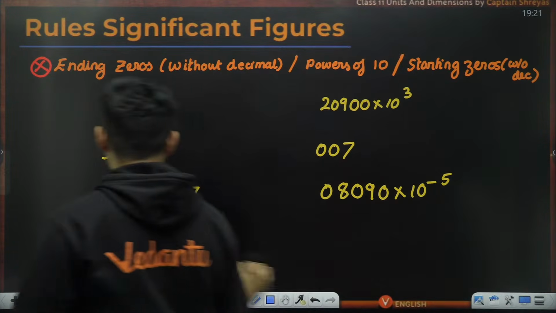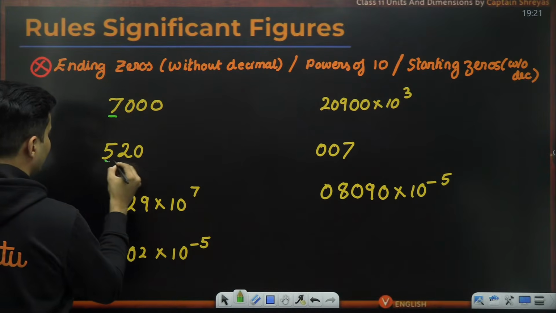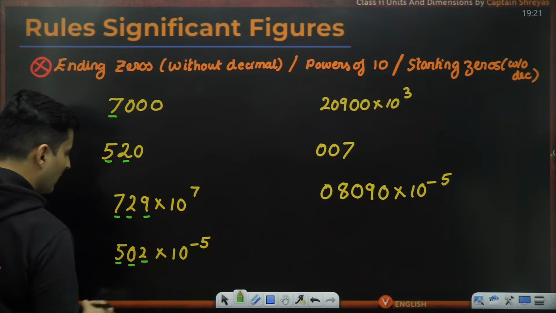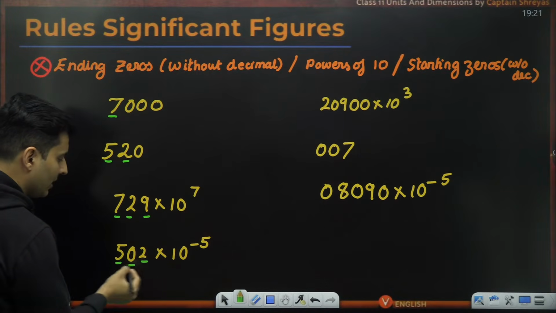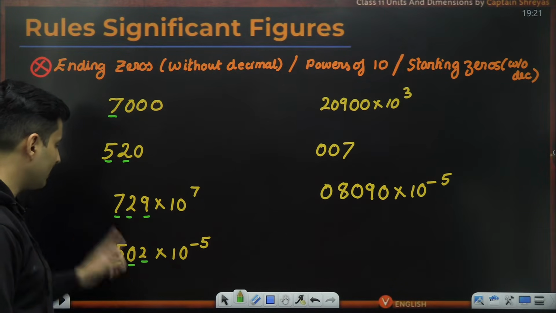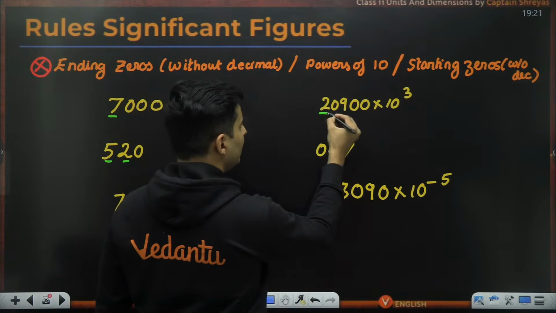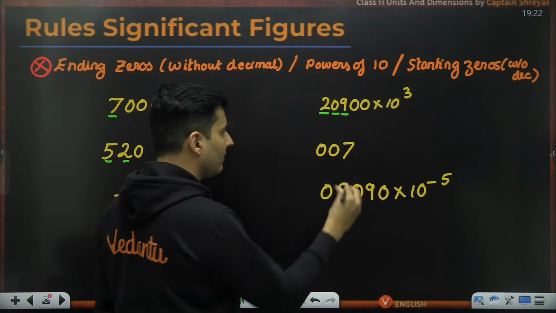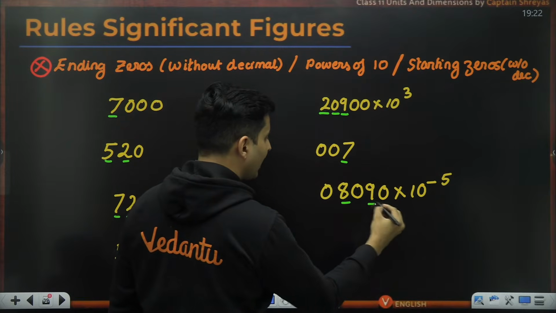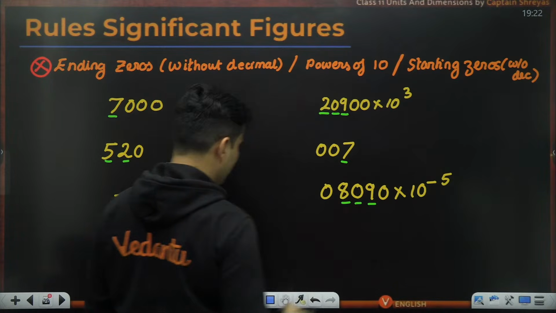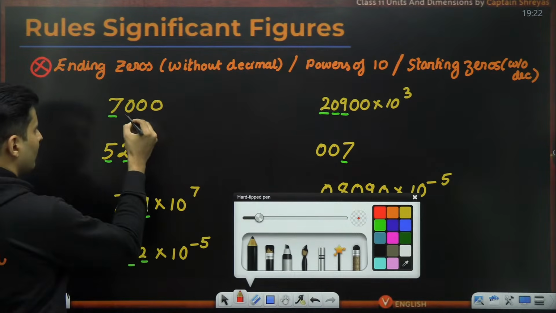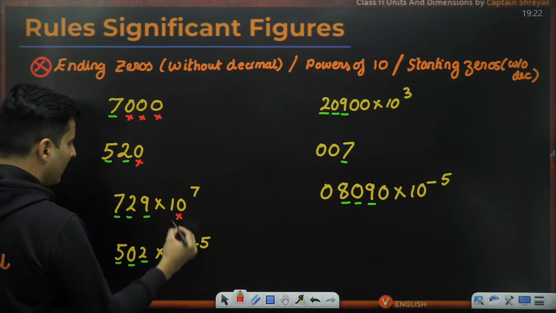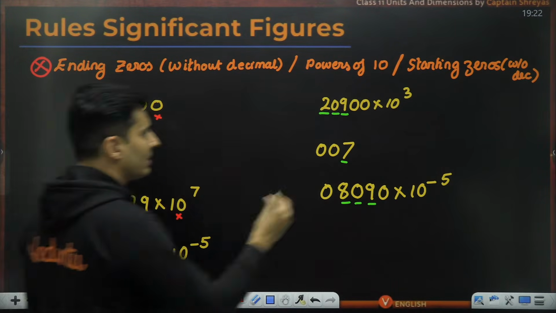In all these, this 7 is significant, this 52 is significant, this 729 is significant, and in 502 the 0 is trapped between two significants, so that also becomes significant. In 20900, the 2 and 9 are significant and the trapped 0 is significant. In 08090, the 8 and 9 are significant, and the trapped 0 is significant. All these other ones are ending zeros and powers of 10, not significant.